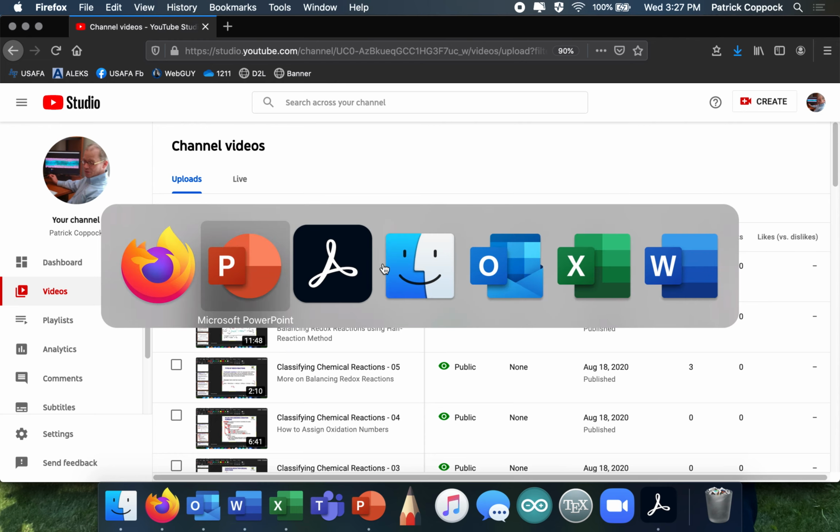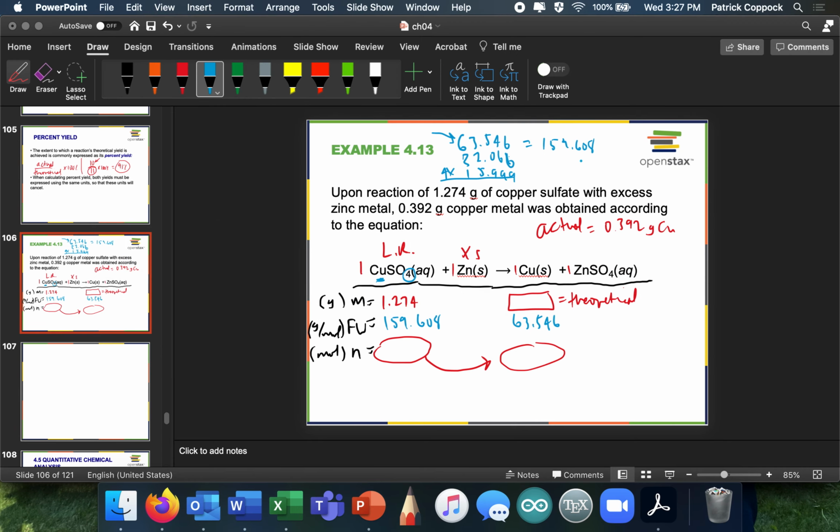Let's go back over here. 159.608 according to our periodic table, and that's what we're going to use. So how many moles is that? Well, it's going to be 1.274 grams. See, my grams will cross off this way, and I'll get my moles of copper sulfate.